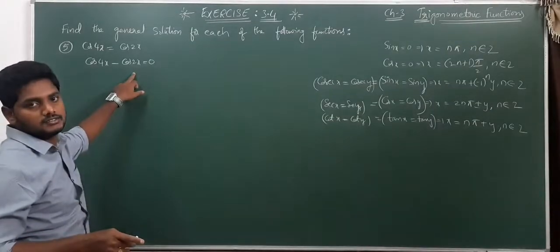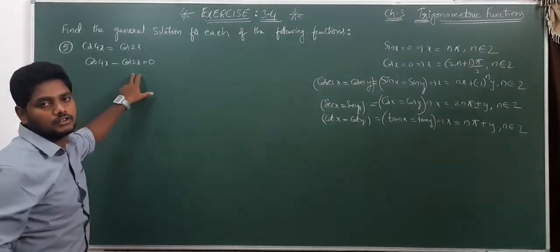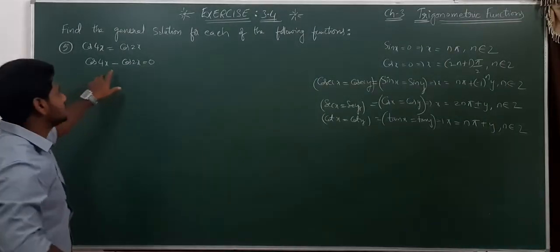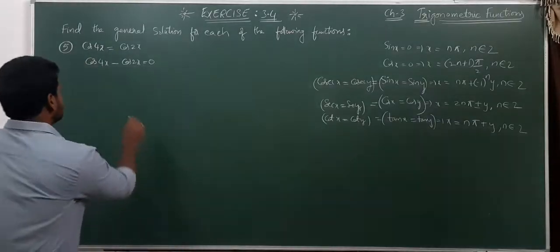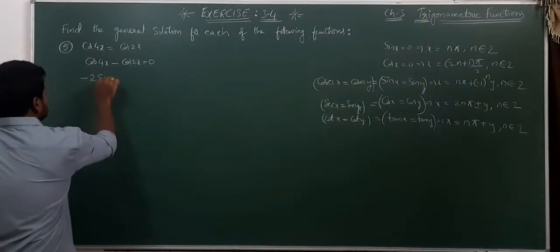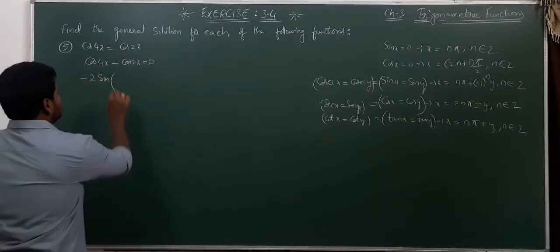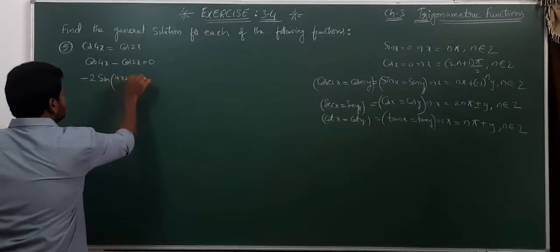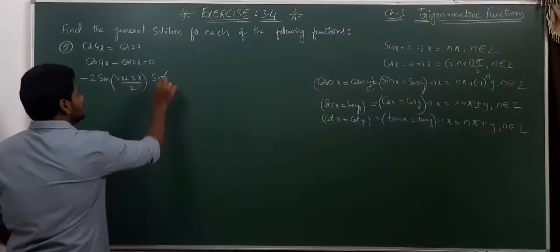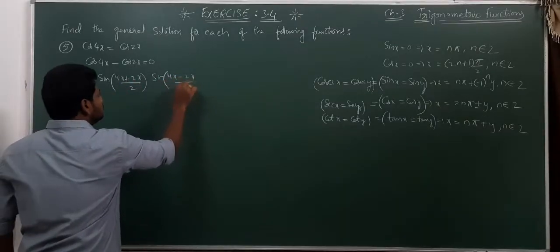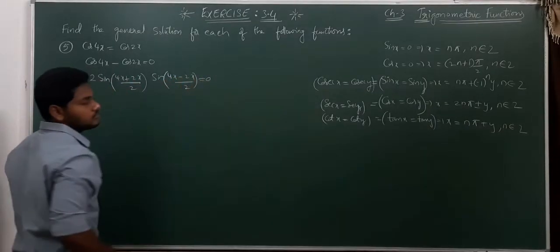Do you know the cos x minus cos y formula? Tell me, what is that? Cos x minus cos y formula is minus 2 sin of (x plus y) by 2, nothing but (4x plus 2x) by 2, into sin of (x minus y) by 2, (4x minus 2x) by 2, which is equal to 0.